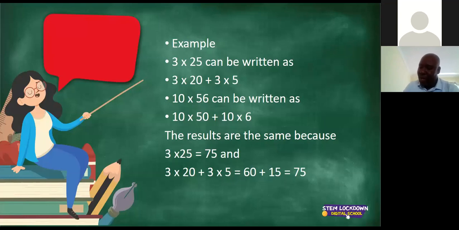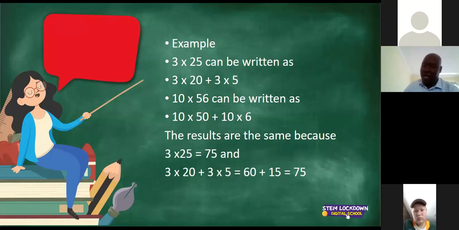It means we have distributed 56 and made it 50 plus 6. So 56 can be written as 50 plus 6. So if you are multiplying 10 by 56, then that can be 10 open bracket 50 plus 6, as we have done in the previous example.